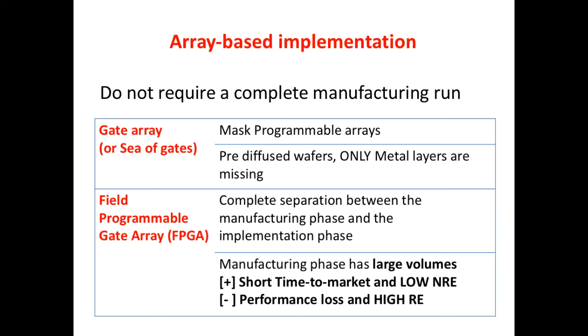The first option is the gate array. In this case, essentially, we have mask programmable arrays. As I mentioned before, some parts of the fabrication have already been done, and we only need to do the interconnections. The diffusions of the various areas have already been done. We only need the metal lines.